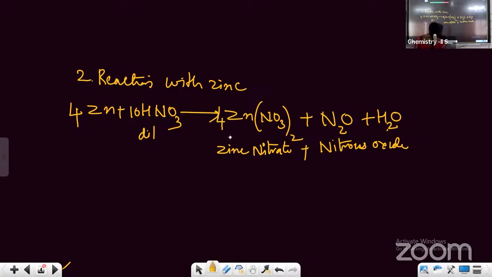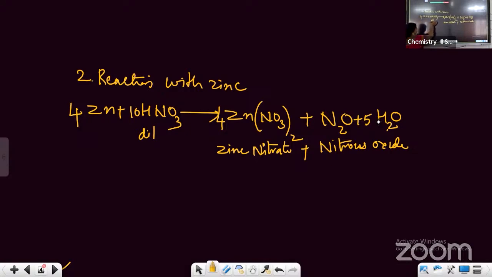So this is 4 times 2, which is 8. So out of 10 nitrogens, already 8 nitrogens are here. So the remaining 2 nitrogens are here. Then hydrogens, 10 hydrogens. So 2 are there already. So how many hydrogens? How do we have to balance this? Plus 5. Okay, students.